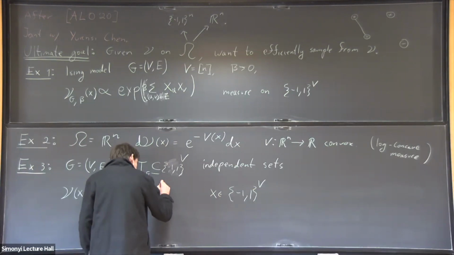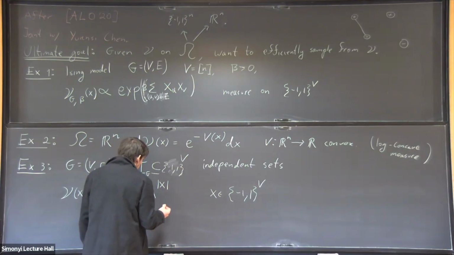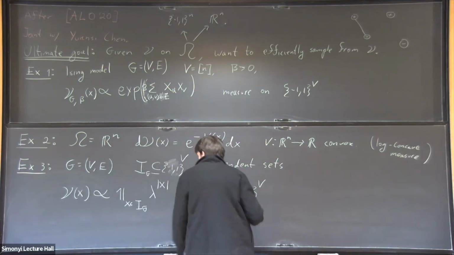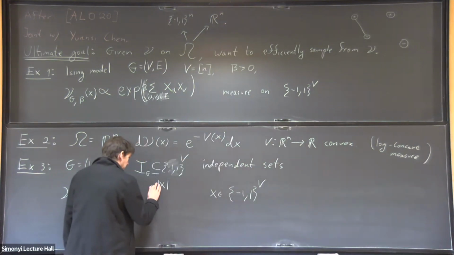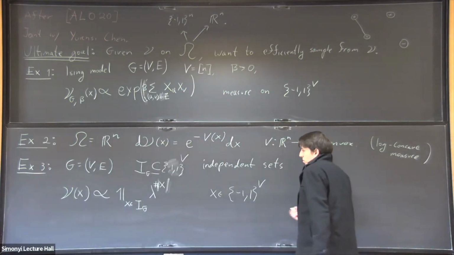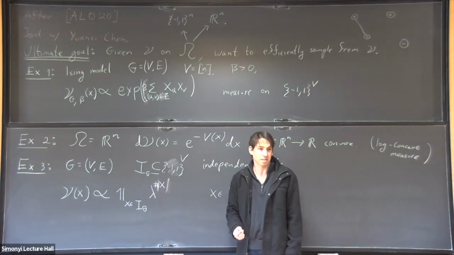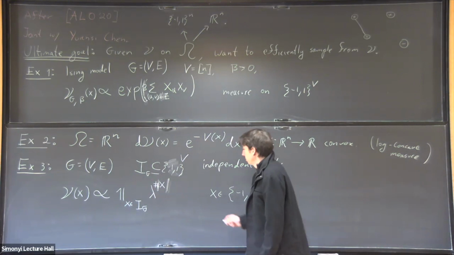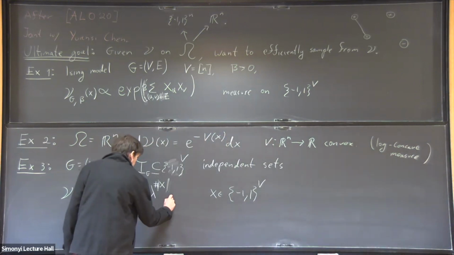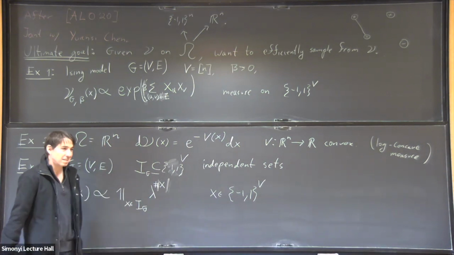So maybe let's do a little abuse of notation. Okay, this is a pretty bad abuse of notation. Usually I denote it by this, which is just the number of vertices that I have selected in X. Yeah, you can put it 0, 1 to the V, and then it will be pretty clear. Yeah, but I want to be consistent with, yeah.